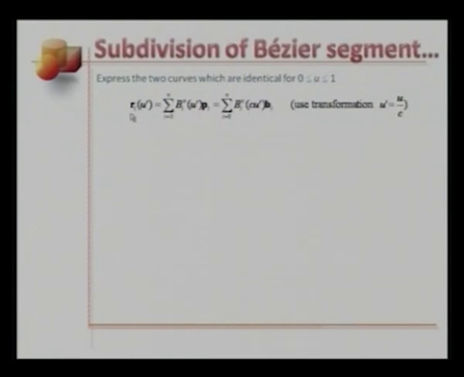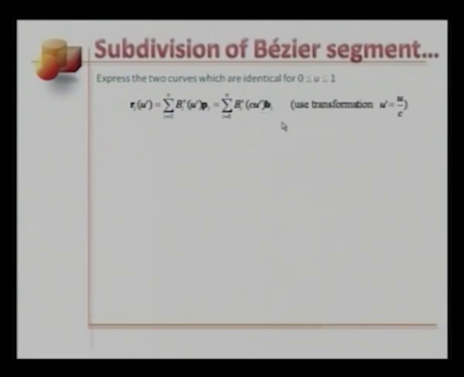And notice, this Bezier segment will be the same as summation i goes from 0 to n, the ith Bernstein polynomial of a new parameter here, which is c times u prime, times the original design points that were specified by you.